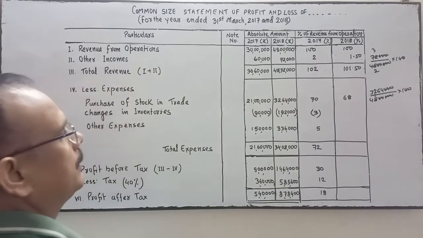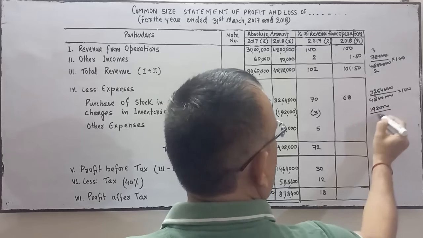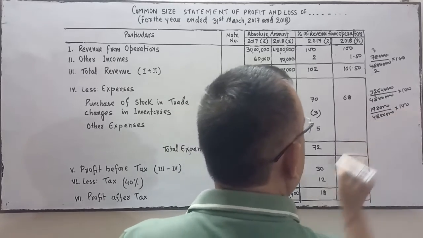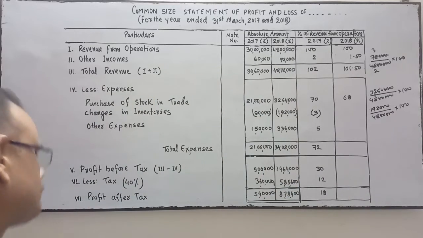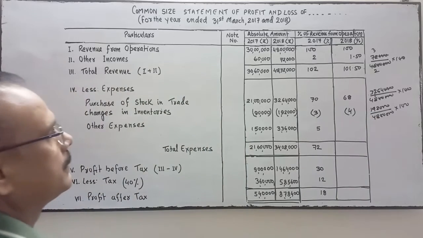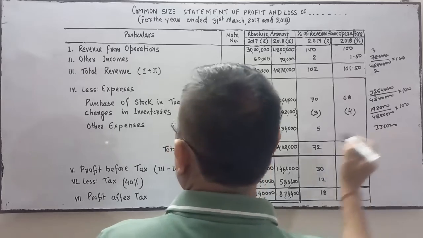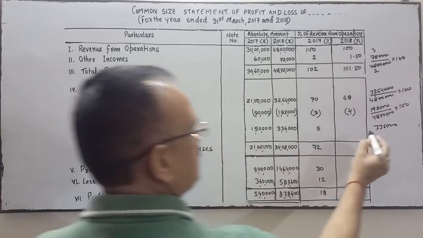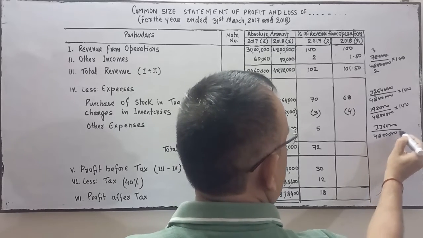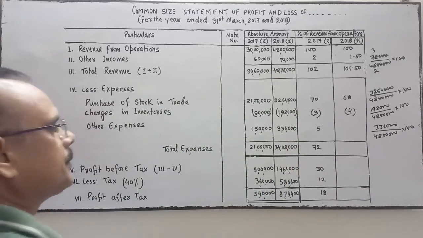Now 1,92,000 upon 48 lakhs revenue from operation into 100. It is 4%, but in minus. Now 3,36,000 is the other expense. 3,36,000 upon revenue from operation 48 lakhs into 100 is 7%.